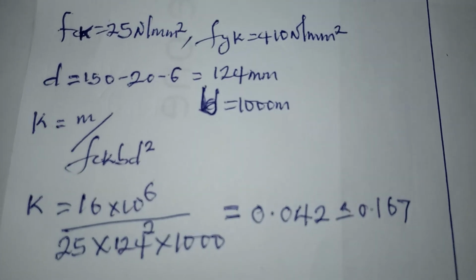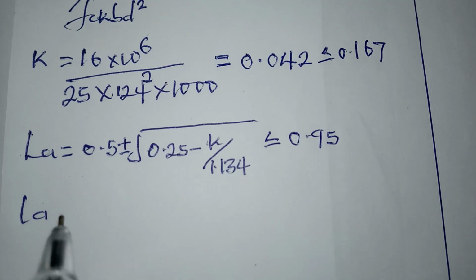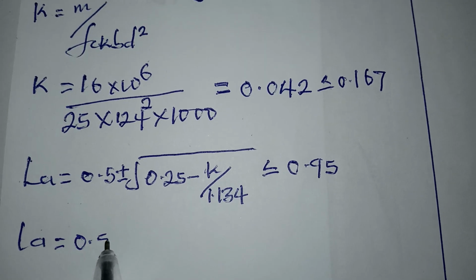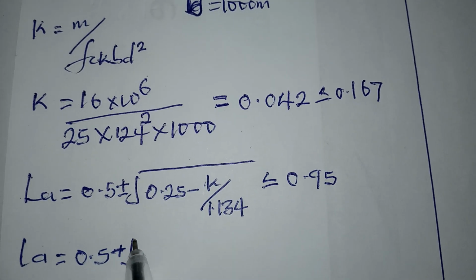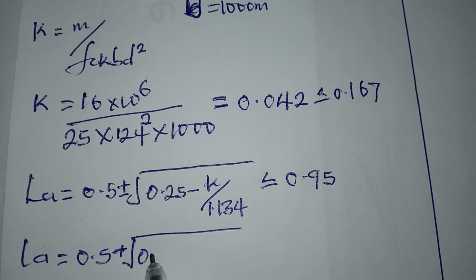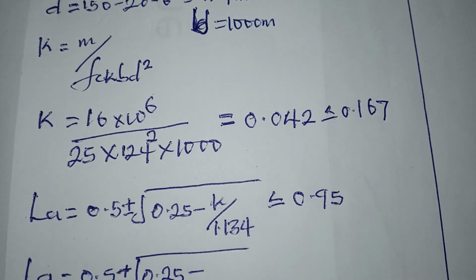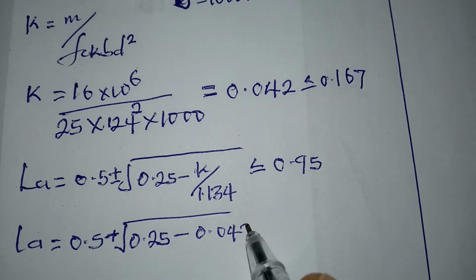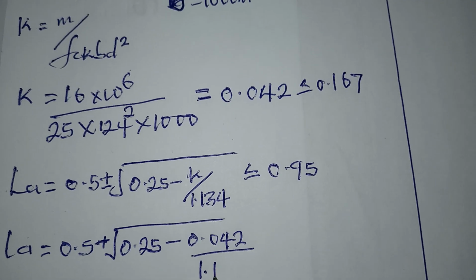Substituting our values into this equation, the lever arm is equal to 0.5 plus the root of 0.25 minus 0.042 divided by 1.134.